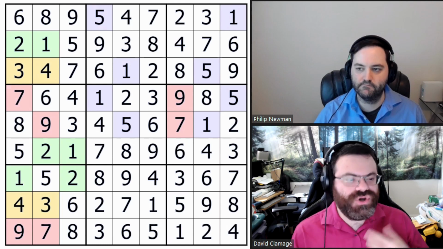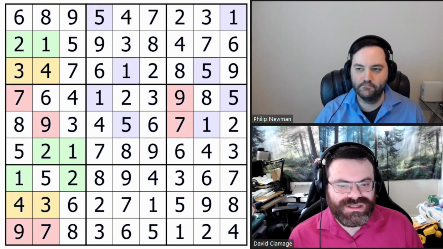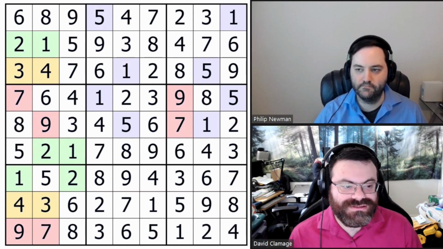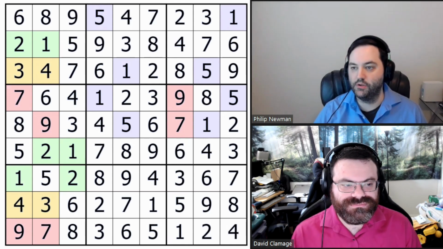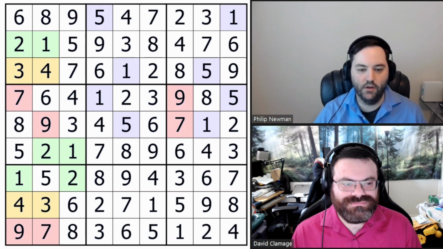Either I need to make sure they don't end up in that deadly pattern, or I need to give something within that collection of cells. Yeah, this comes up a lot, especially when you're trying to set a minimal Sudoku of whatever variant.